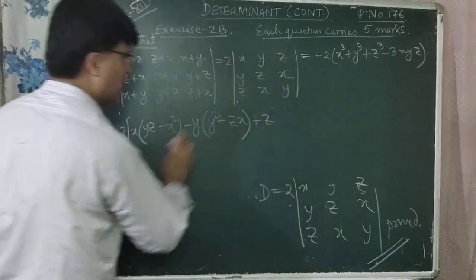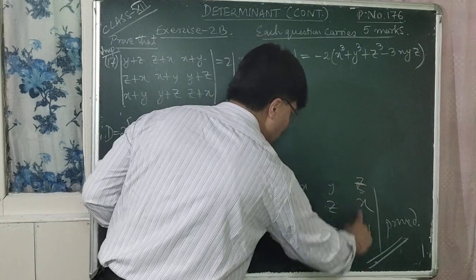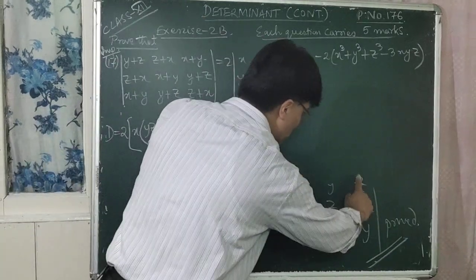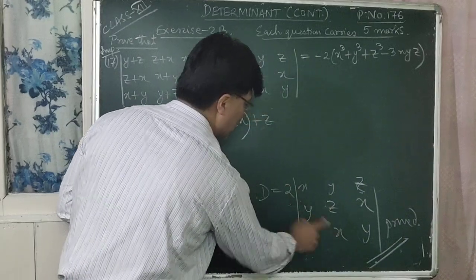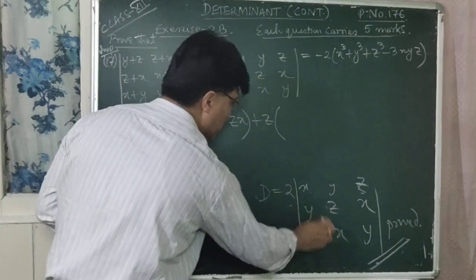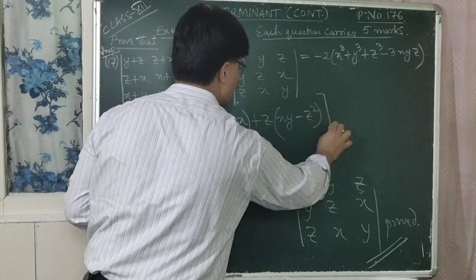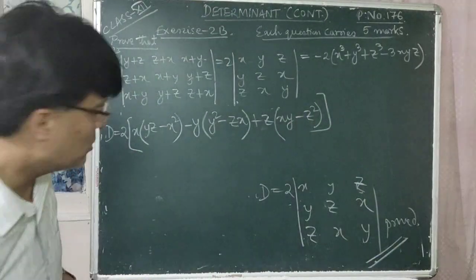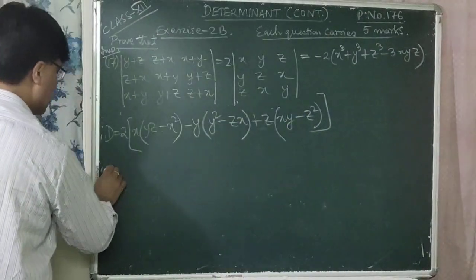Plus minus plus, right? So plus z, if you consider this element z, delete the row and the column through the element, that is first row and third column are deleted. What remains? Y, z, zx. Now cross multiply by y here. So it is xy minus z square. So your third bracket is closed, right? So now let us expand it.